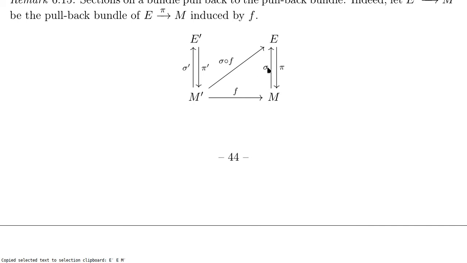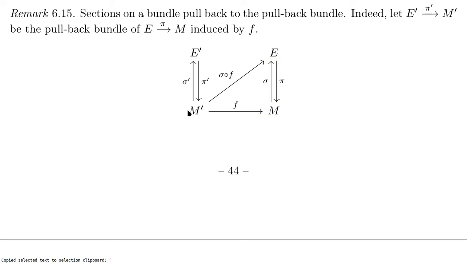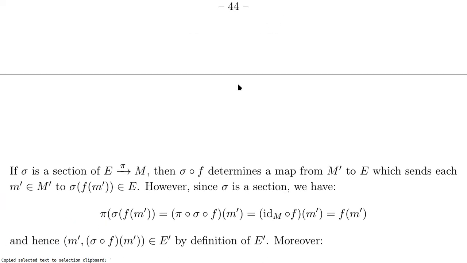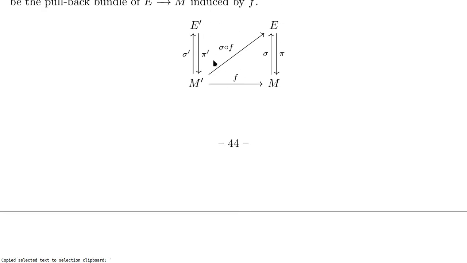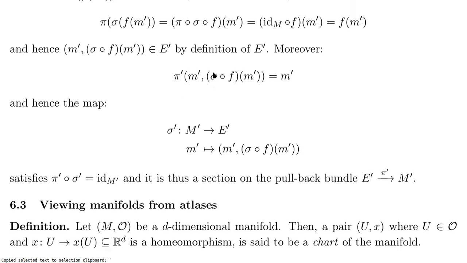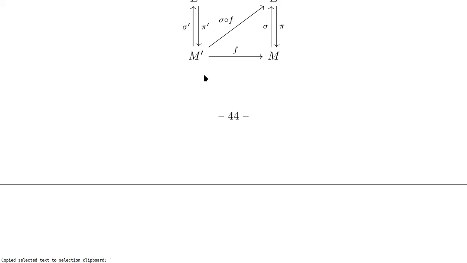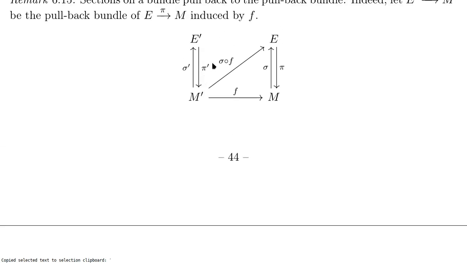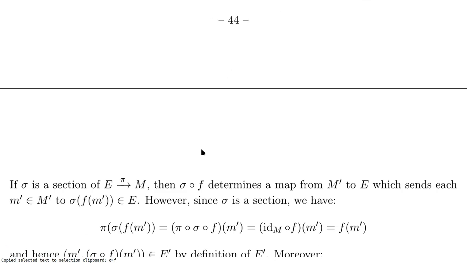Since this is a bundle and this is a map, you obviously have a map from M prime to E, which is sigma composed with f. Basically you have to show that they both give you sigma. I'm probably missing my diagram chasing. So okay, wait.